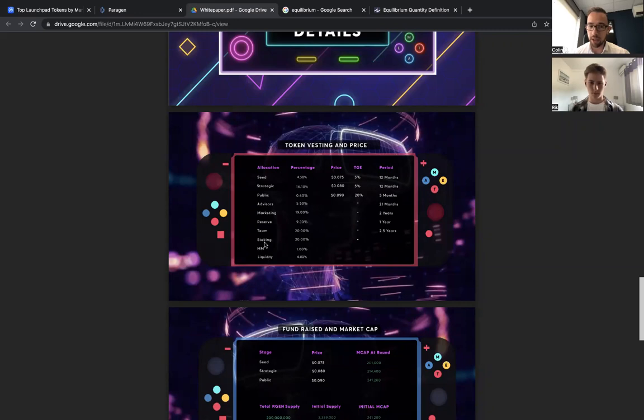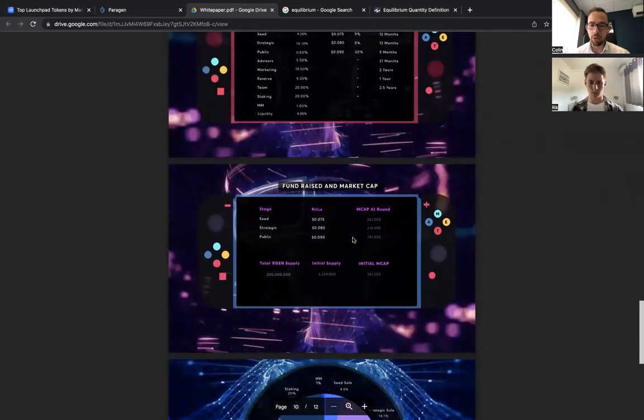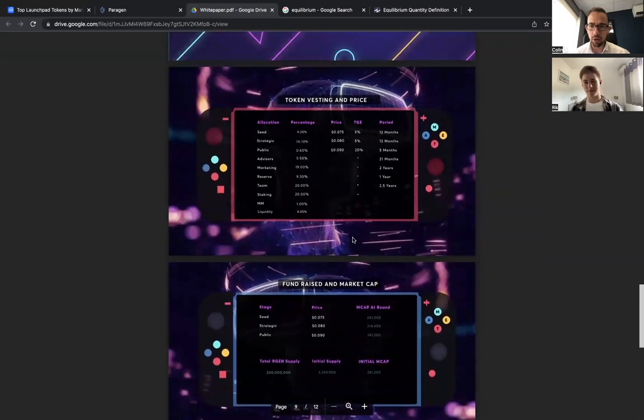So liquidity is there, staking is there, team is there, and then the rounds plus the advisor. So you only have marketing, which is usually there, and they use a reserve, and they also assign 1% for the market maker. What does the market maker do? It's also a good question. Never seen it on the tokenomics, actually, now that you mention it, because usually it's inside the liquidity. Right.